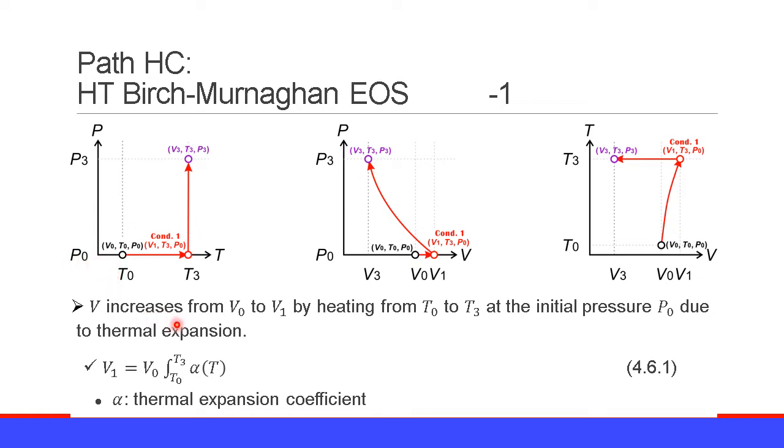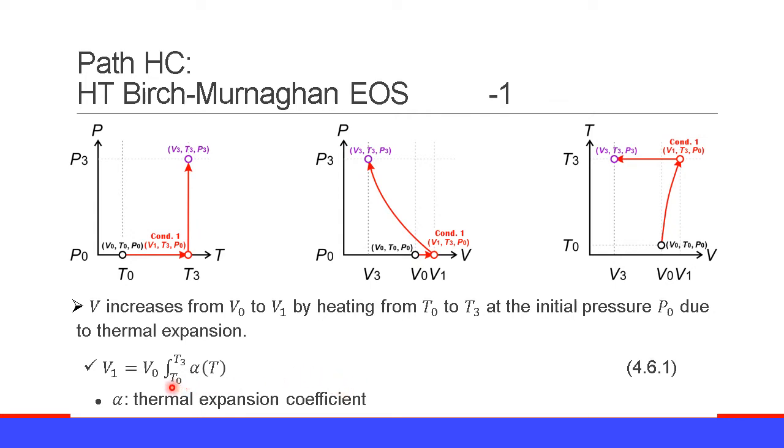We express this path using integration of thermal expansivity. So from temperature increase from T0 to T3, volume increases from V0 to V1 due to thermal expansion.